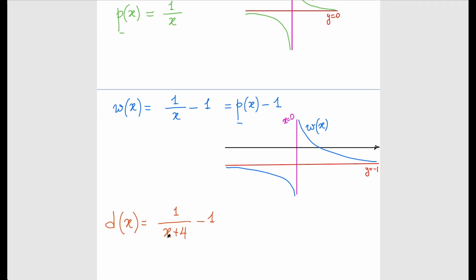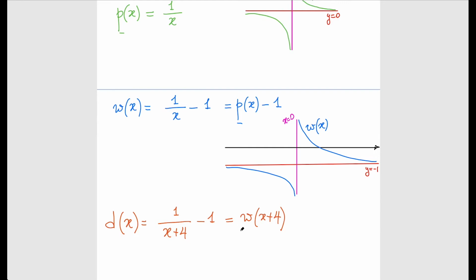Since this guy downstairs is x +4, this guy should be x +4, and that's the guy sitting as an input in w, correct? So that should be x +4. Make sense? So what's d of x in terms of w? It's w of x +4. That's the algebraic connection between d and w. D of x is w of x +4.